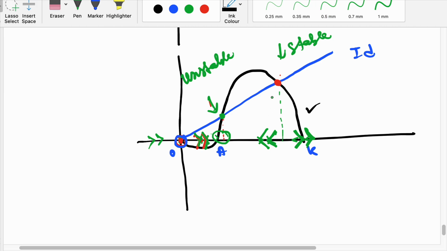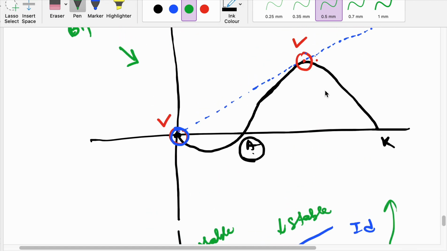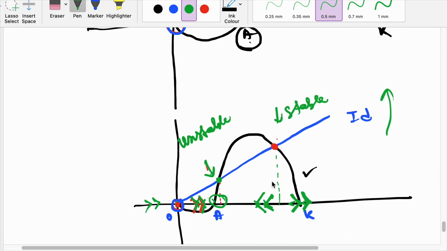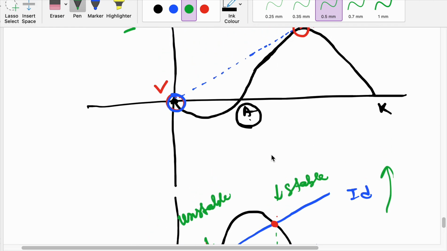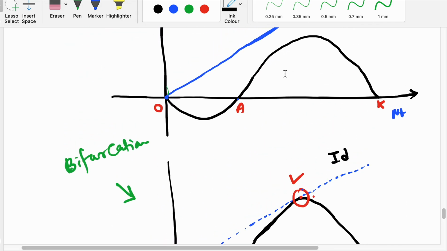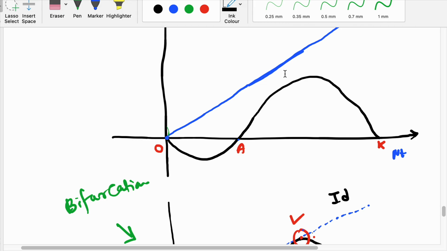Or if I go in the reverse direction, suppose I increase A in such a manner that these two fixed points touch each other, you will see that this will decrease, and at some point these two fixed points will touch each other and annihilate each other. And after, if I increase a little bit further, this fixed point will move away.